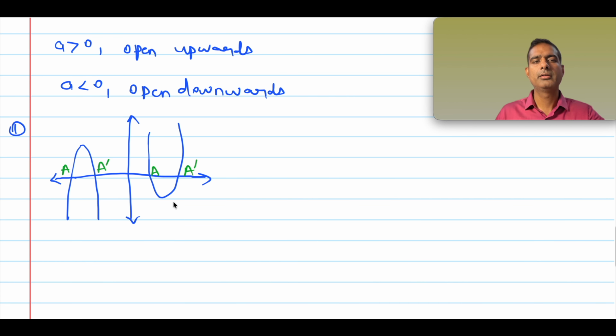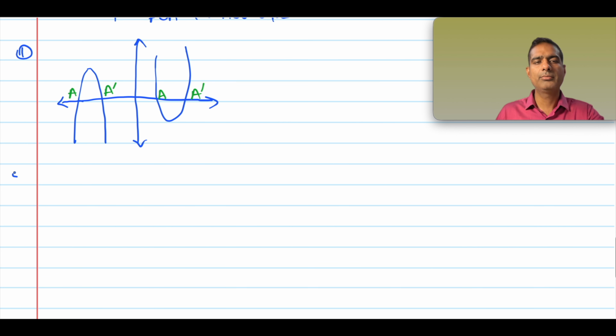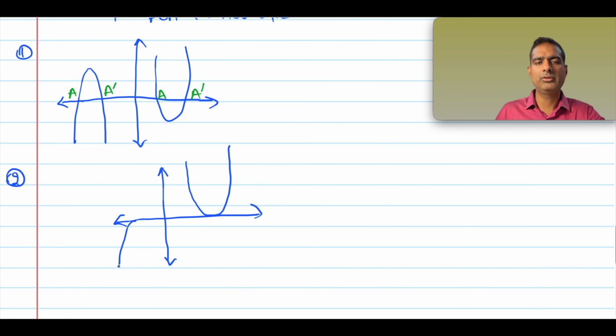Similarly, the parabola can touch the x-axis at only one given point. Like if it is opening upwards, let me draw it again. If it is opening upwards, then it can go like this, and if it is opening downwards, then it can go like this.